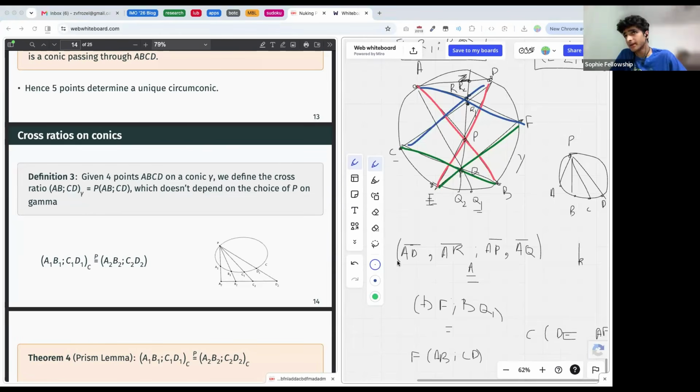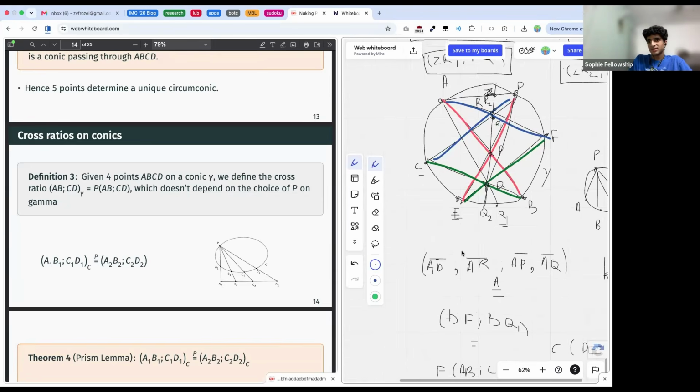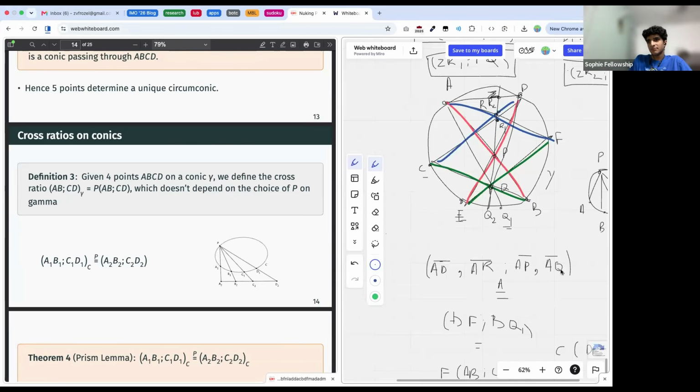So because of that, we can just say that if AQ meets this conic again at Q1 and DQ meets this conic again at Q2, then AD, AR, AP, AQ is simply the cross ratio of D, F, B, Q1 on the conic.